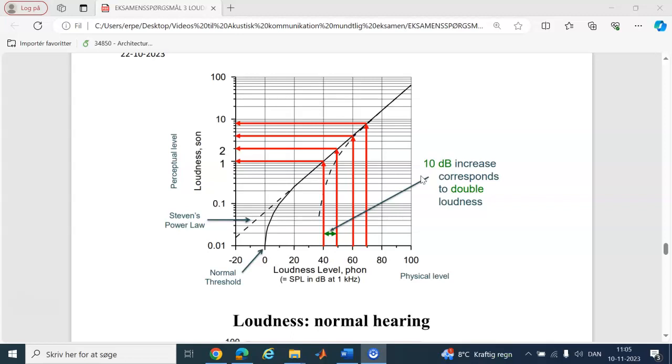It's easier to understand: when you add 10 dB to the loudness level, you get double loudness. Therefore, if you graph it on simple logarithmic paper, you get a straight line.